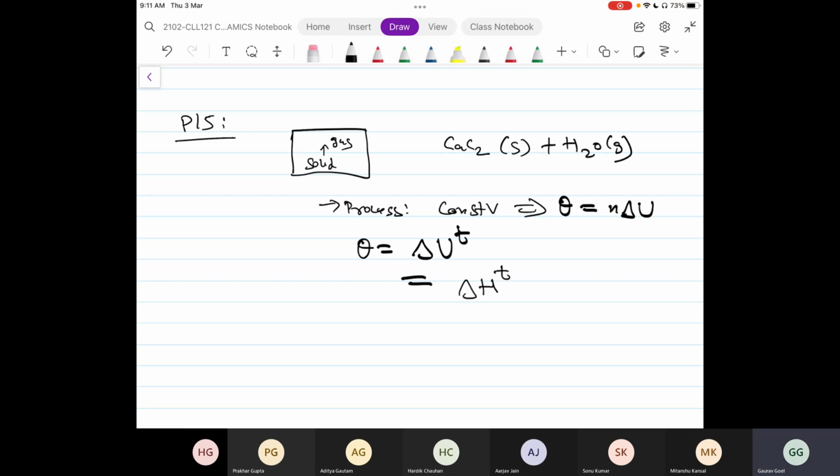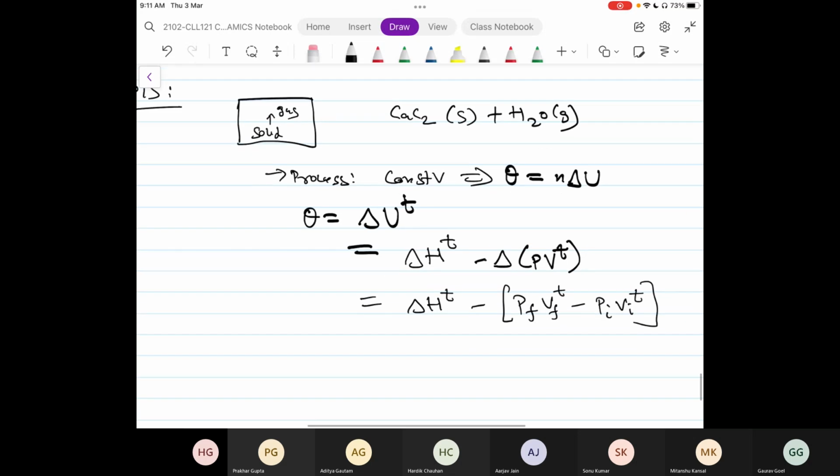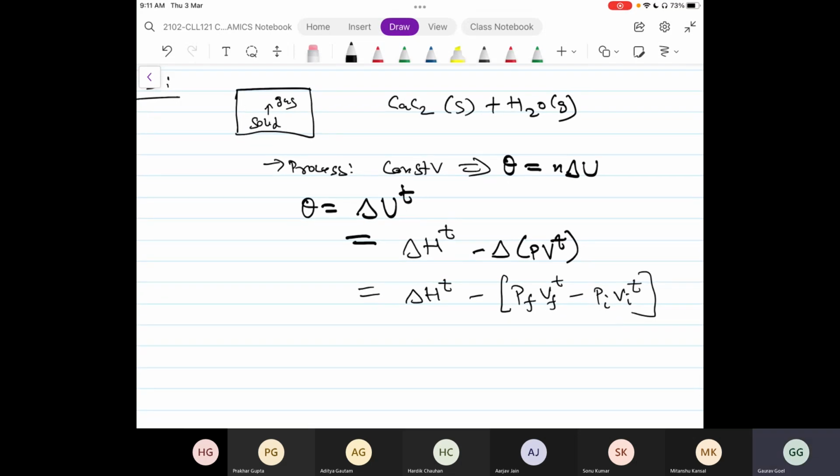So we convert this internal energy change into enthalpy change. Expand the next bracket: pressure and volume product in the final state, minus pressure and volume product in the initial state.